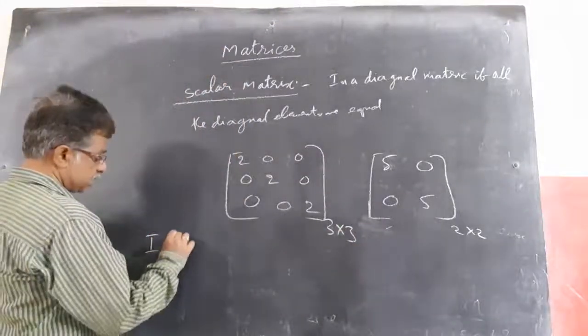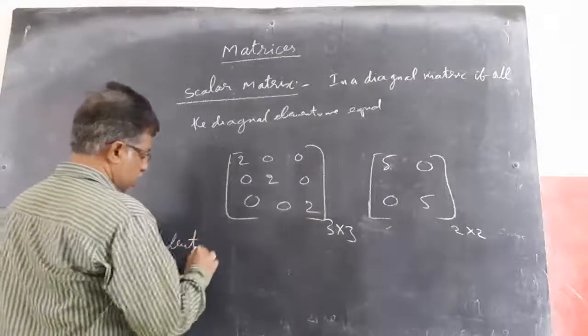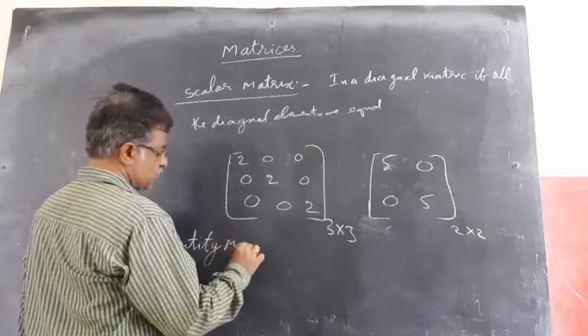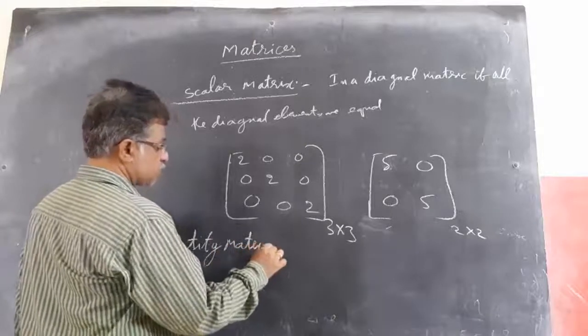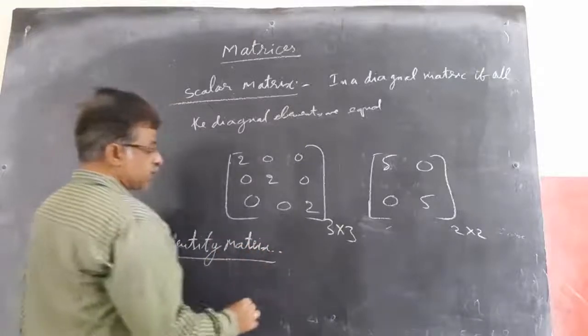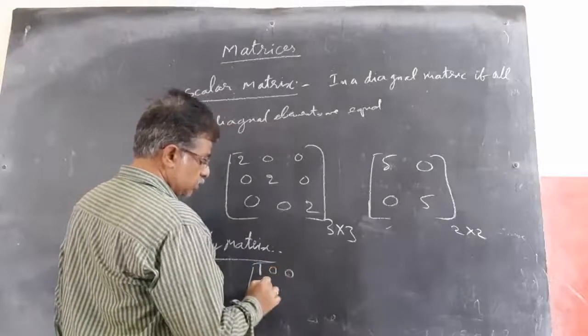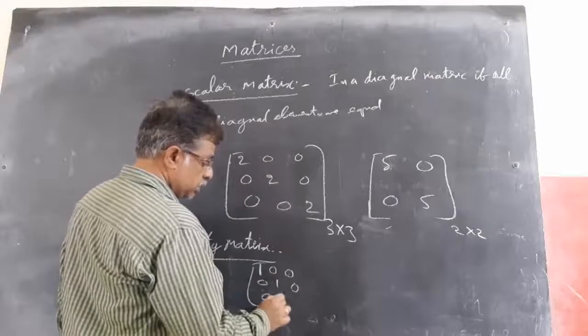Then it is called an identity matrix or unit matrix. Identity or unit matrix is nothing but, in matrices, 1 0 0, 0 1 0, 0 0 1.